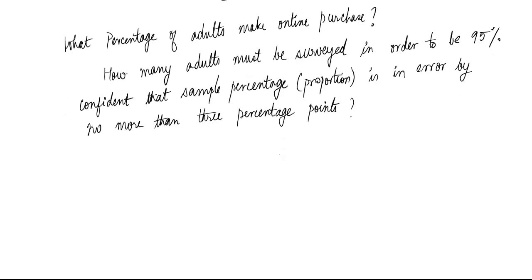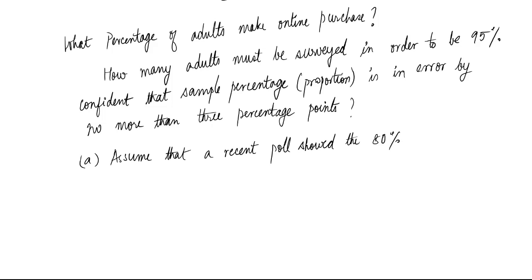So we have 2 parts here. Assume that a recent poll showed that 80% of adults make online purchases. You don't have that information, but you are looking around and you found that a recent poll gave a sample proportion of 80%.